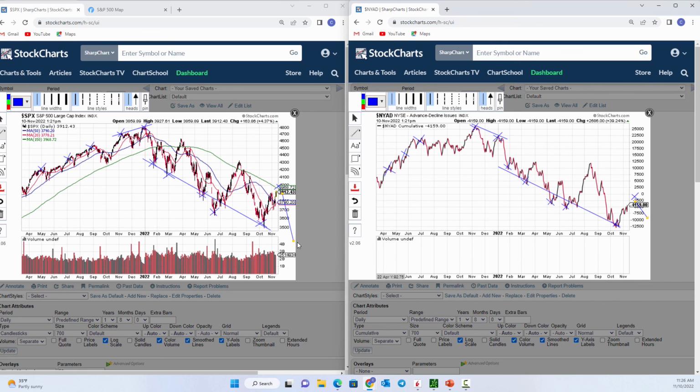Now, the market might make a new low, especially given that a lot of this downturn has been technology related. The tech stocks are somewhat leading the downside charge, and things like energy that have very small weight in the S&P, I think the entire energy sector is maybe only 4% of the S&P, but that's what's been leading.